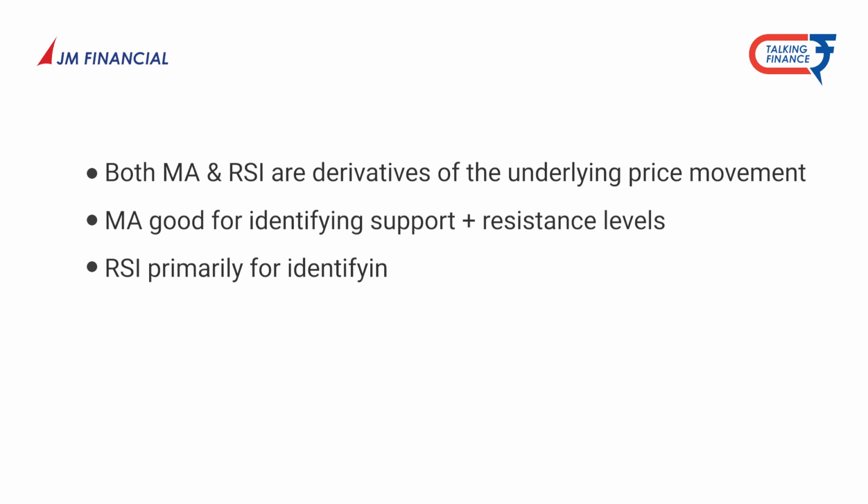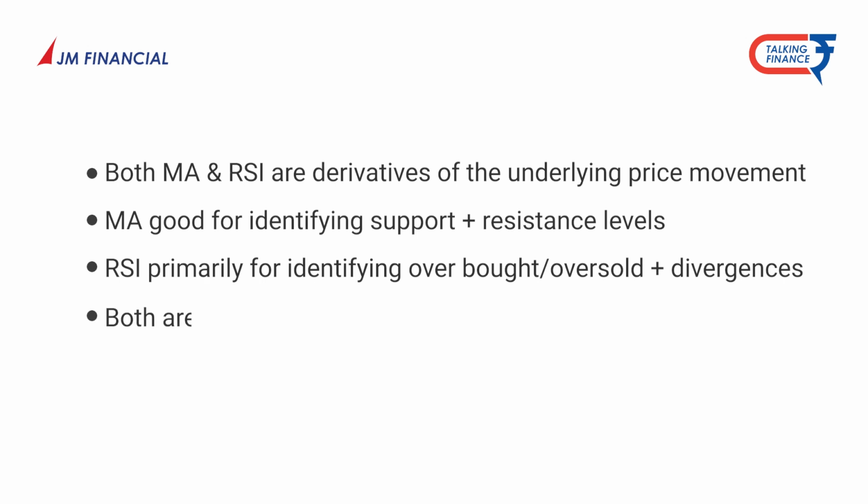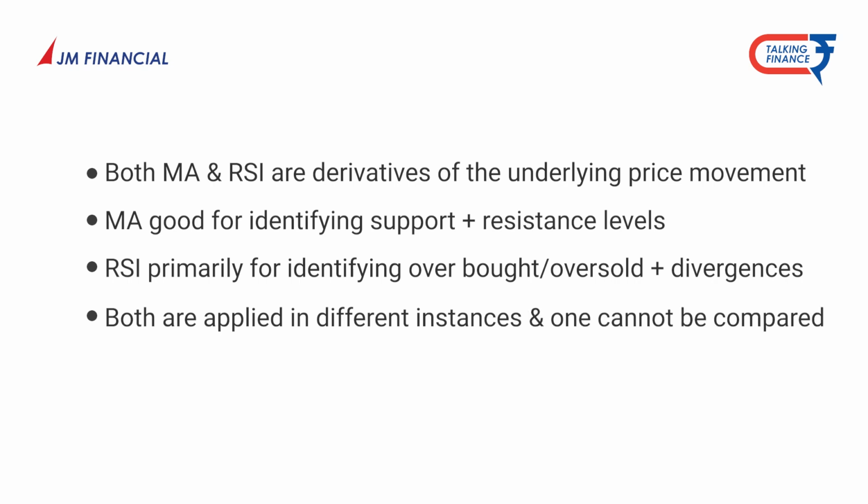So when it comes to identifying resistance and support, moving averages are very good. When it comes to identifying overbought, oversold, divergences, both are actually very different. Both of them have different applications. The indicators will actually give you a buy or sell signal, whereas the moving averages can also give you buy and sell signals. But we use it more for identification of support.